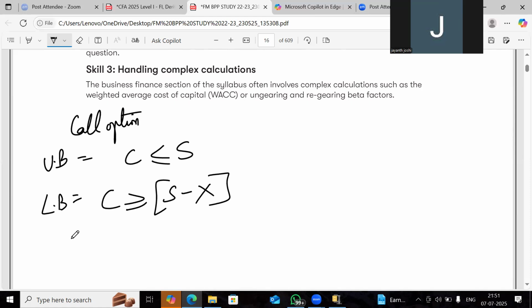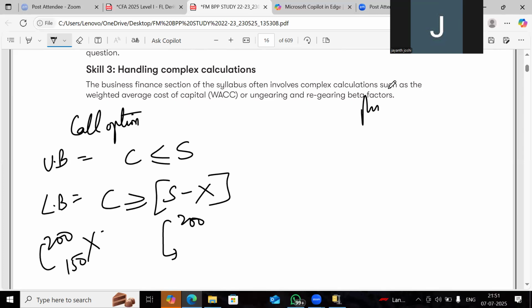Something worth 200, no one will give you that for 150, not at all possible. So if the call option intrinsic value is 200, someone can sell you that call option either at 200 or more, but not less, because if they sell at less than 200 they incur a loss.